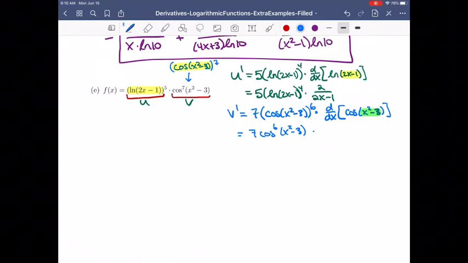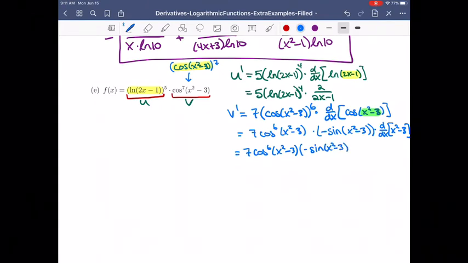Okay, so the derivative of cosine is negative sine of the inside, but then I have to multiply by the derivative of the inside. So I get 7 cosine to the power 6 of x squared minus 3 times negative sine of x squared minus 3 times 2x, the derivative of x squared minus 3.